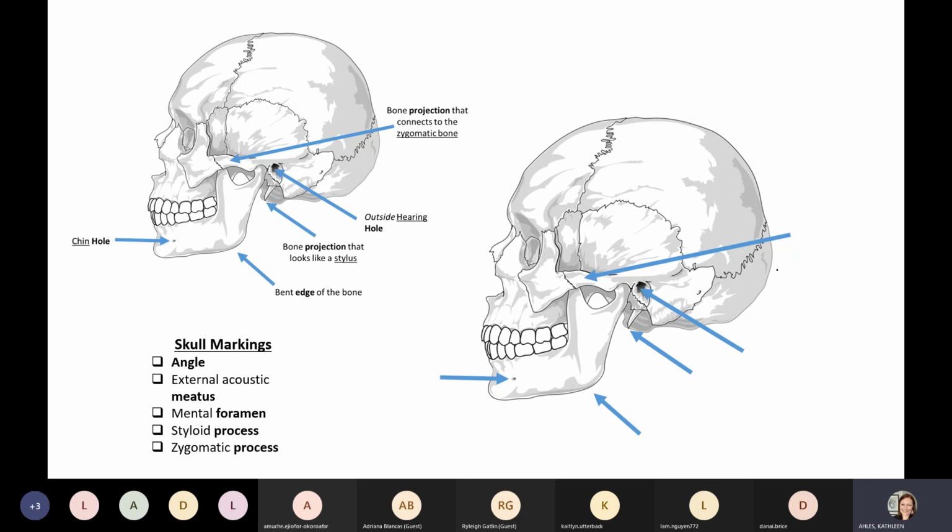Once you've labeled them with their technical names, look for the part that's in bold. So see how we've got angle, meatus, foramen, process. We need to figure out which of those means something on the edge, something that's a hole, something that sticks out. That's all we've got to do. Figure out which words we're missing from our list.